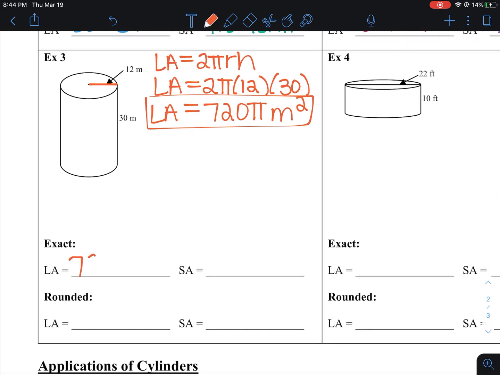Okay, that goes down here in the exact, 720 pi meters squared. Let's get that as what it is for rounded. 720 pi is, okay, 2,261.95 meters squared.